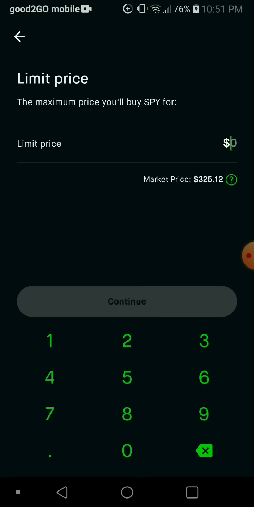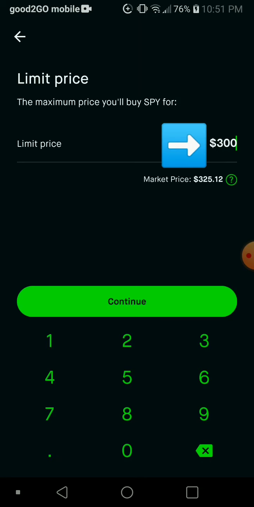What is the maximum price you want to spend to buy the S&P 500? It's going to buy at that price or better. So let's say I want to buy that stock if it drops down to 300. Whenever the stock price hits 300, or less than 300, which is better for me, it will apply the order.